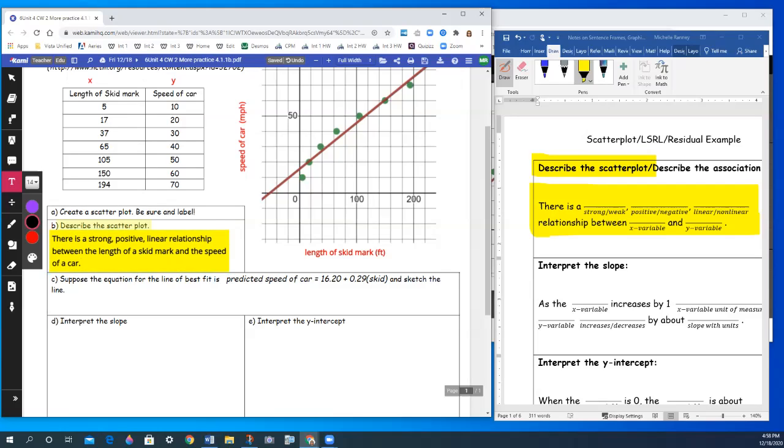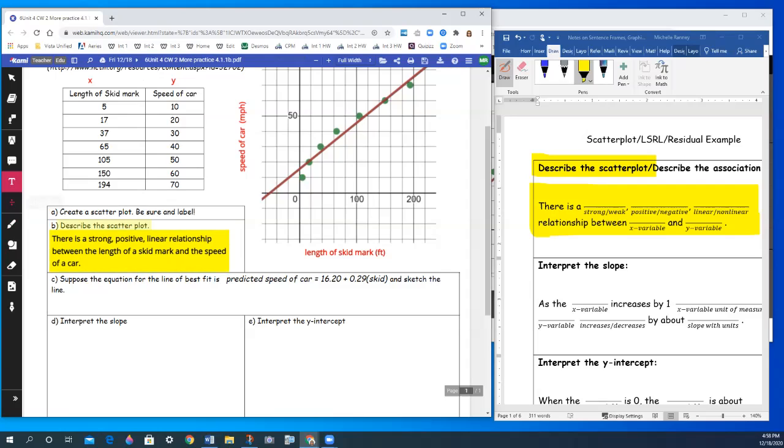Now here on this one, the original one, they gave us this, okay? We put in the data and we ended up with a slightly different line of best fit when we generated it. So I'm just going to put here what our line of best fit was.